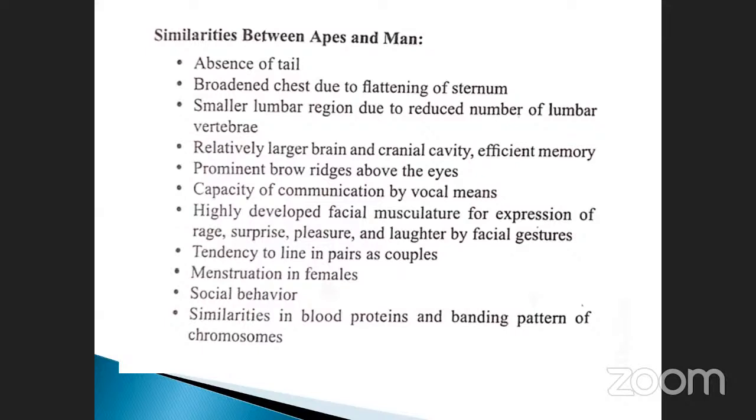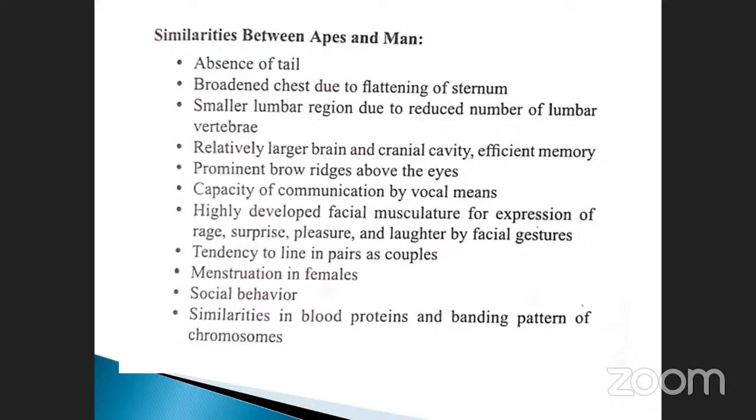Okay, efficient memory. Both have efficient memory. Okay, rememberable. Prominent brow ridges above the eyes. Okay, ridges mean the parts above the iris. Okay. And capacity of communication by vocal means.